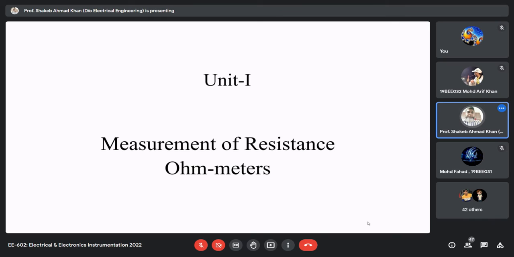Whether we are talking about the ammeter voltmeter method, substitution method or Wheatstone bridge method, this is a direct reading method, and it is more popular. Although it is not as accurate as other methods, it is popular because it gives the direct reading like a voltmeter and ammeter, and it gives approximate values.